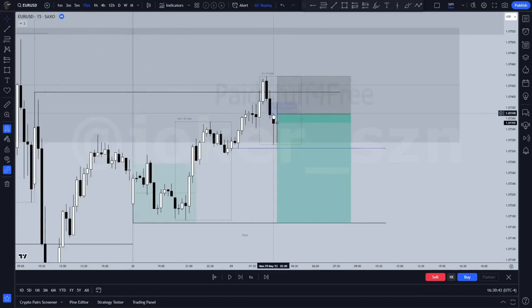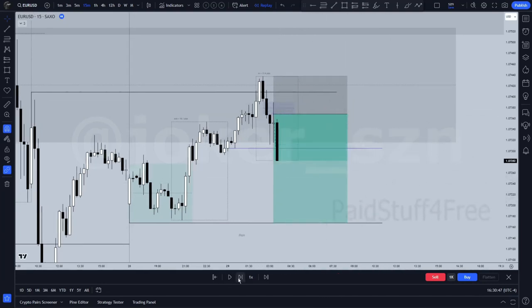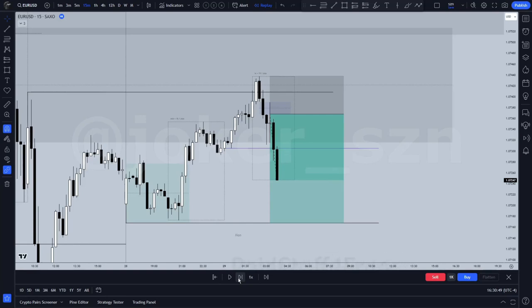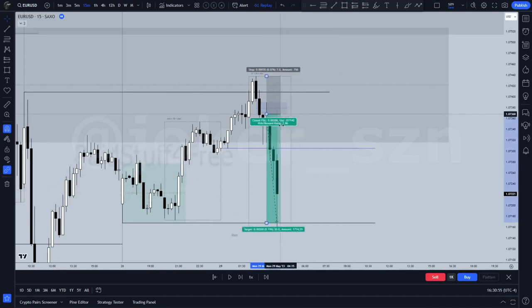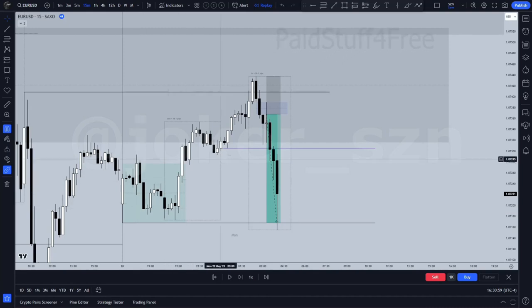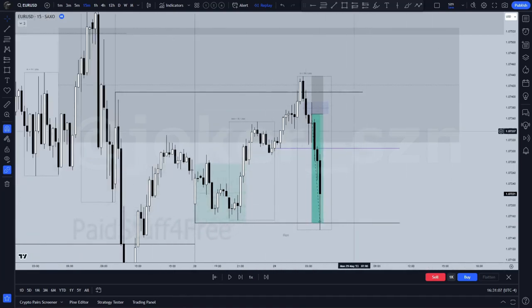So there you would have gotten tagged in, and now we want to see if we can get to the Asian lows here, right? And there we go. We would have gotten a 2.86 R trade here, and we have traded right into the consolidation lows right here. So this is the first trade according to the protocol.